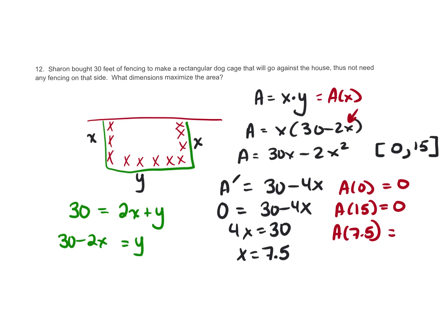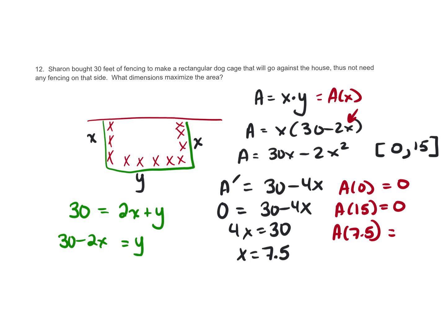So if I plug into the area formula, it'll give me what our value is. That's going to be 30 times 7.5 minus 2 times 7.5 squared.